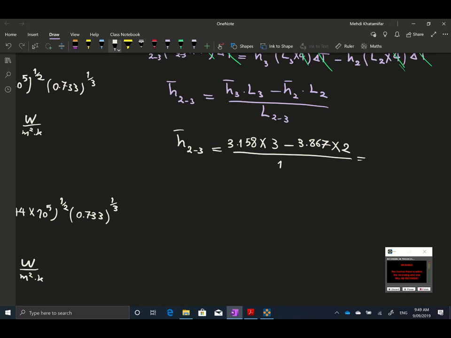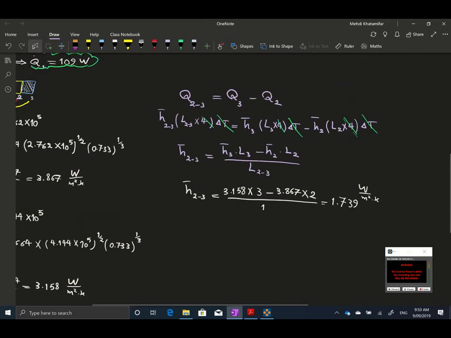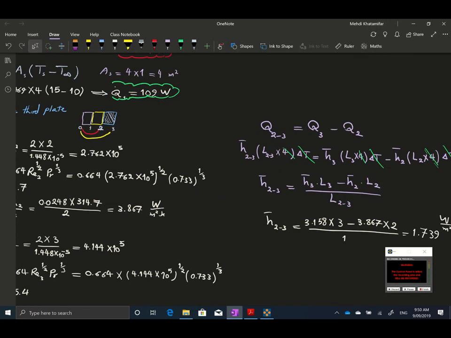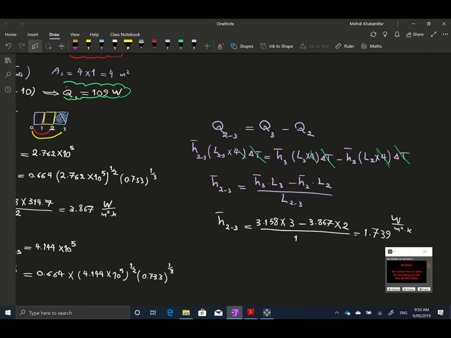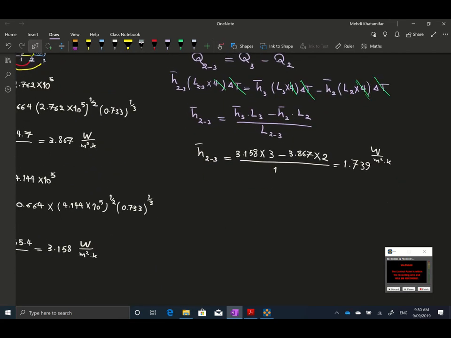This is going to result in 1.739 watt per meter square Kelvin. Now I have the average H or convective coefficient for this area, between number 2 and 3, or plate number 3. The rest would be very easy because I have H.